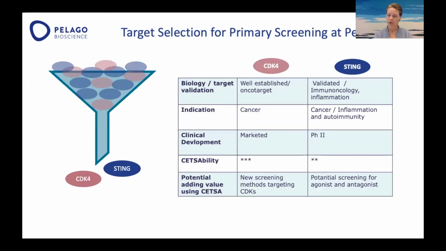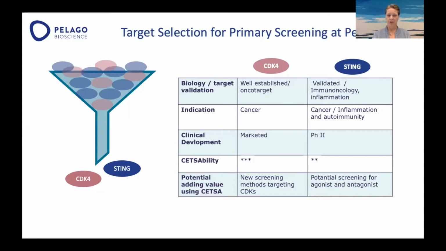So to the case study at Pelago. We also wanted to explore and understand more about the potential that primary screening can give using the CETSA method. So we did a target selection approach in-house, where we looked at both the biology and target validation of different targets. We also looked at indication, the clinical development stage for these targets, accessibility, and the potential added value of the CETSA method.